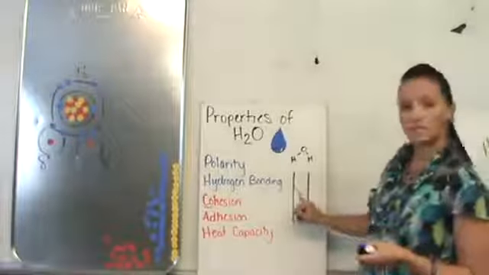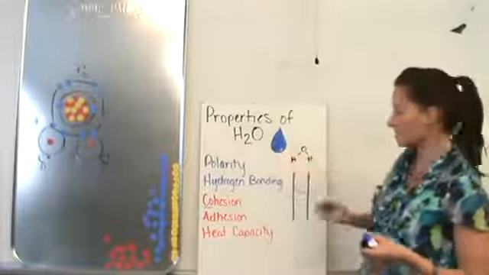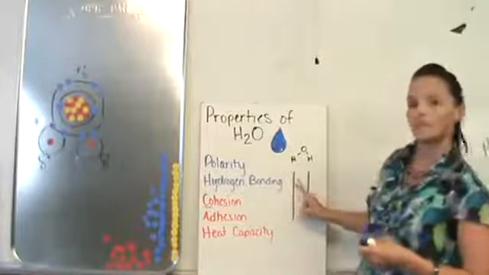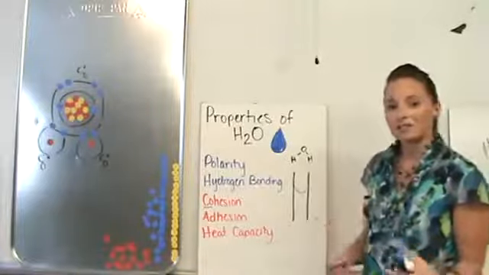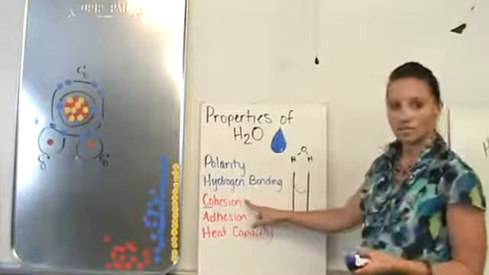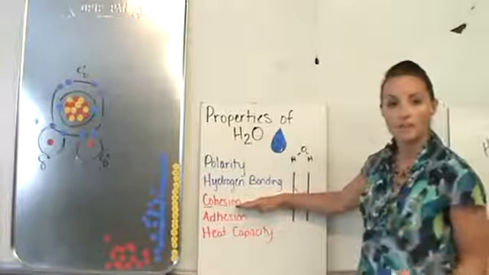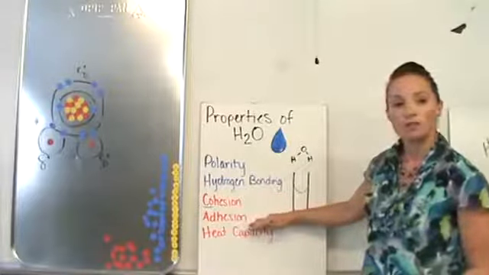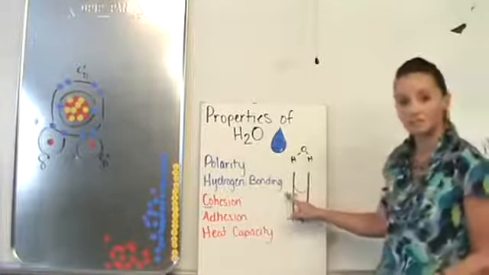It also likes to stick to each other, so it's not going to make little water droplets on the glass, but it's going to stick to the water that's down below it, along with pulling up the side of the glass. And that's because the force of adhesion is actually greater than the force of the cohesion. So cohesion is when water molecules want to stick to each other, and adhesion is when water molecules want to stick to something else. For instance, the glass here.